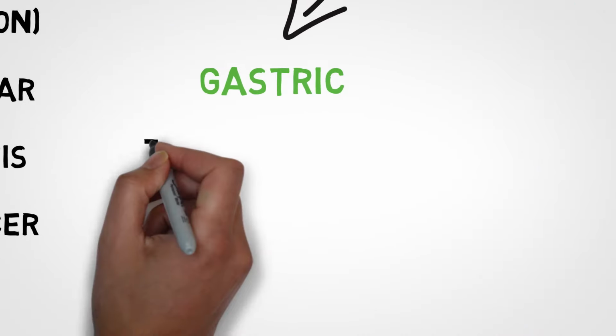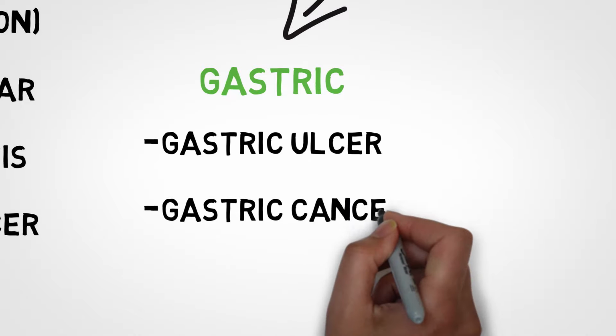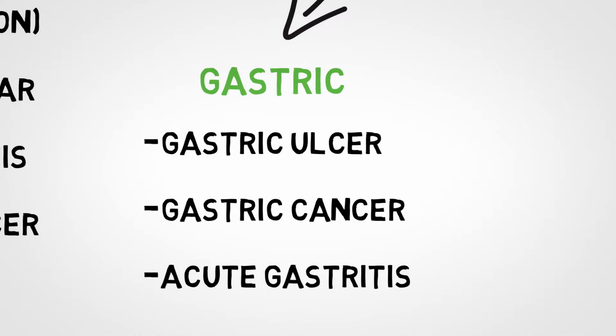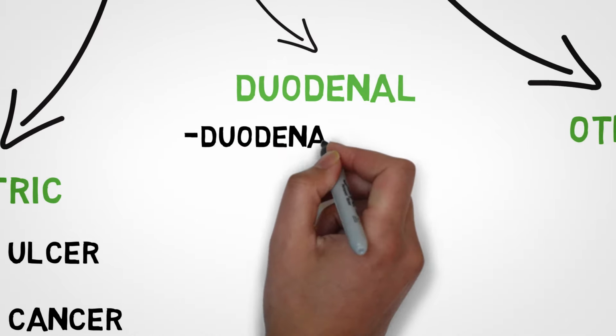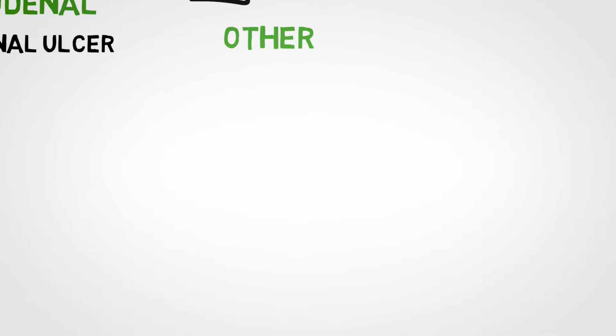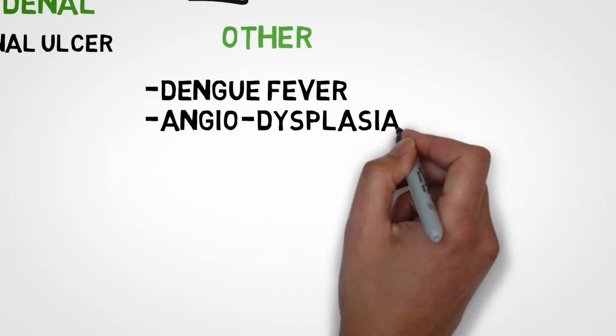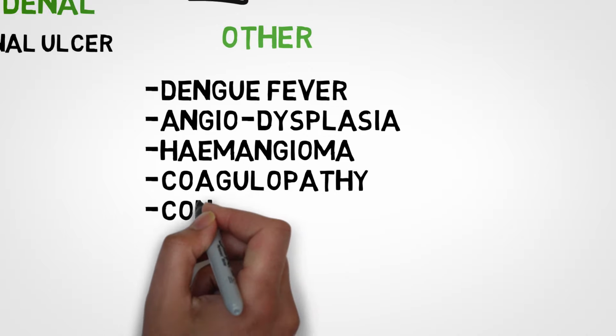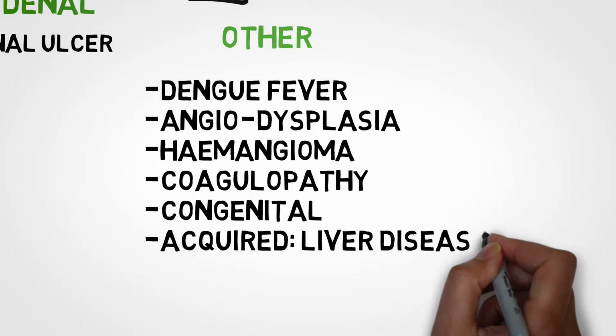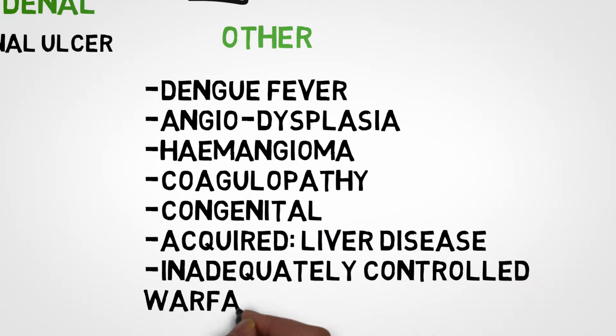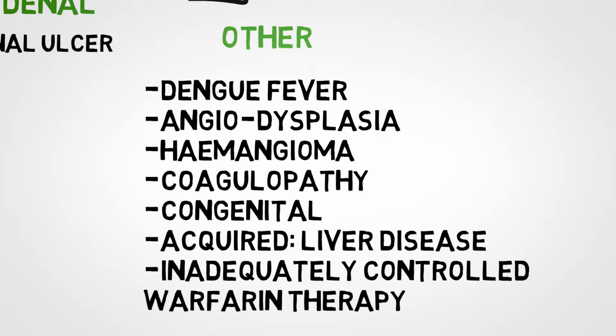The gastric causes would be gastric ulcer, gastric cancer, and acute gastritis. Under duodenal causes, we have duodenal ulcer, and other causes would be dengue fever, angiodysplasia, hemangioma, coagulopathies, congenital or acquired liver disease, and inadequately controlled warfarin therapy.